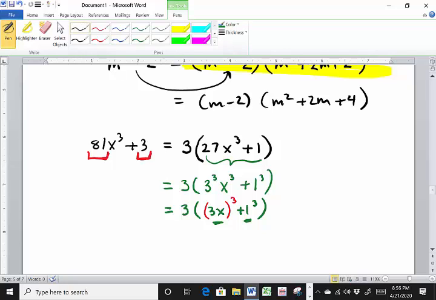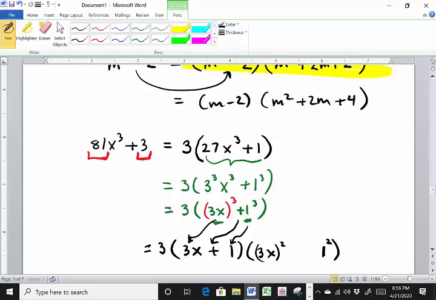So let's factor that. So this is just going to be 3. And then it's going to be 3x plus 1, right? Plus sign there. The 3x here. The 1 here. Then you multiply it by, well, the 3x needs to be squared. The 1 needs to be squared.